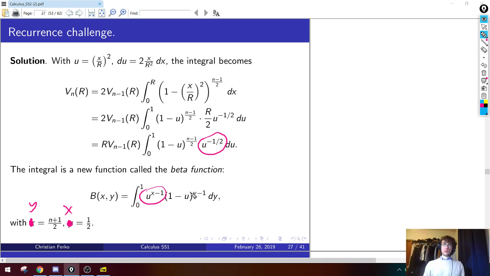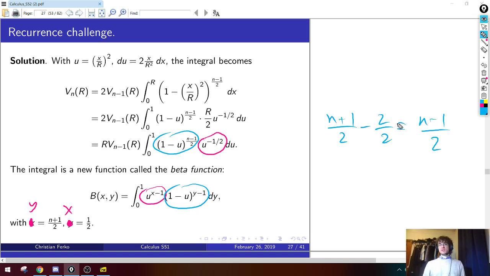The power of y that we need here is n plus 1 over 2, because n plus 1 over 2 minus 1, well, 1 is 2 over 2, that's n minus 1 over 2. So those two match. That means we can write the result we just got by saying that the n ball volume is related to the n minus 1 ball volume times a beta function. Beta is just this integral with some values.